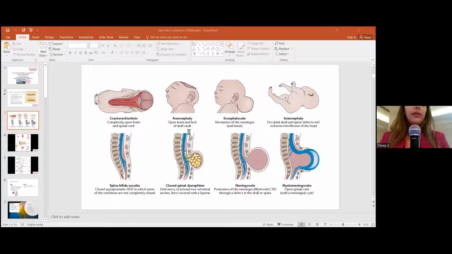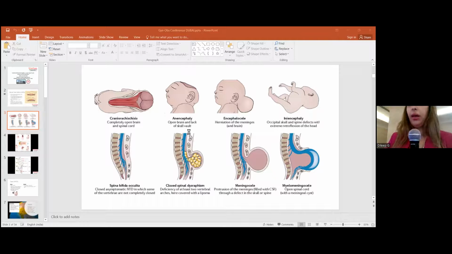And if it starts with the cranium, we call it craniorachischisis. It's the most serious form, I can say. The other forms, which we see more often, are anencephaly, encephalocele, iniencephaly, spina bifida, meningocele, and myelomeningocele.